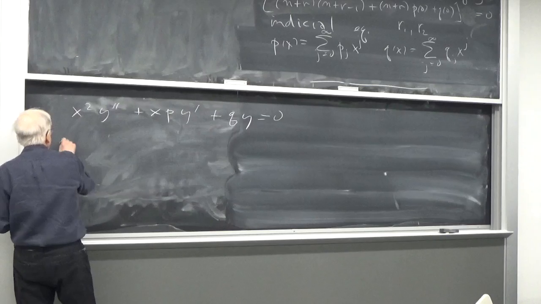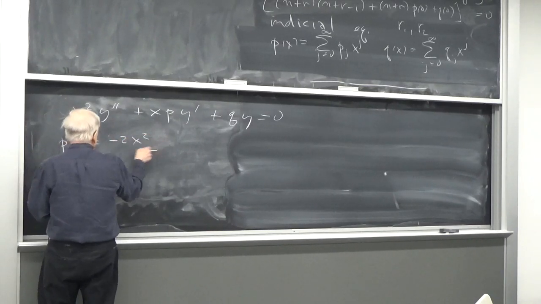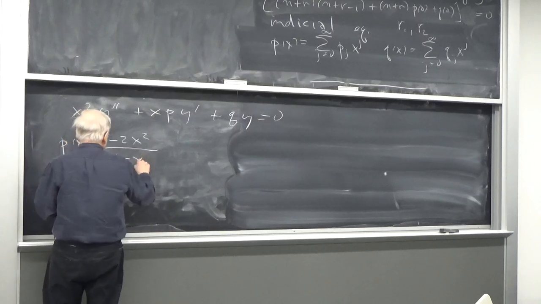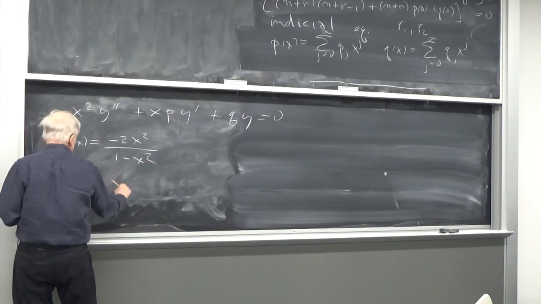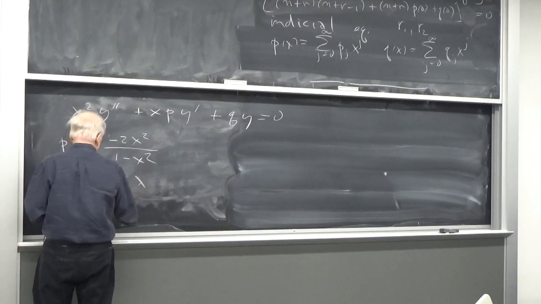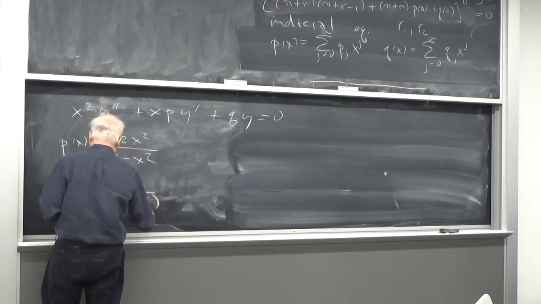And here p of x is minus 2x squared over 1 minus x squared, and q is x squared lambda over 1 minus x squared.